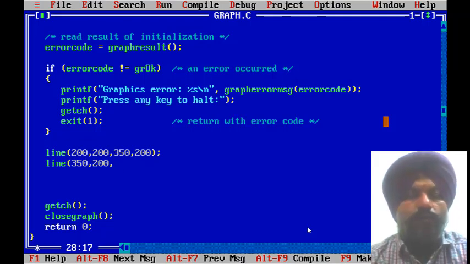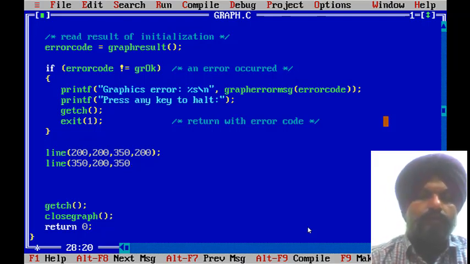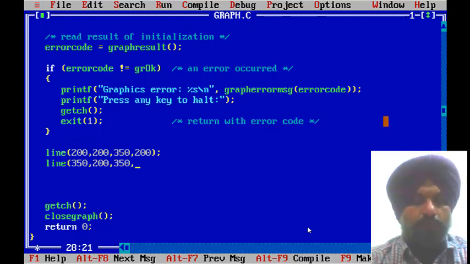So when we have to draw the second line in the y-axis direction, in that case we have to change the value of the y-axis while keeping the x-axis value the same.